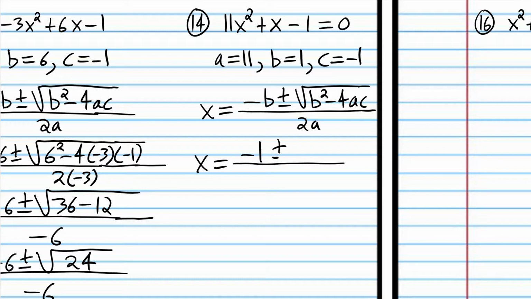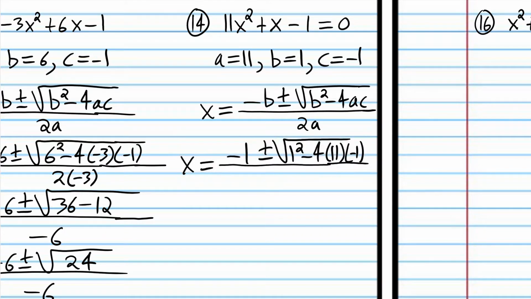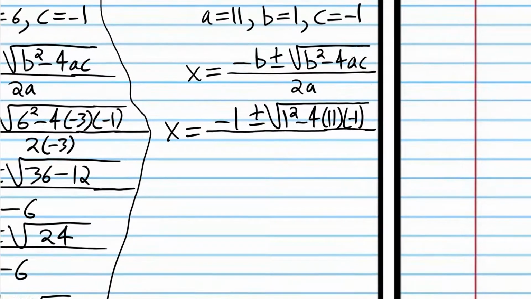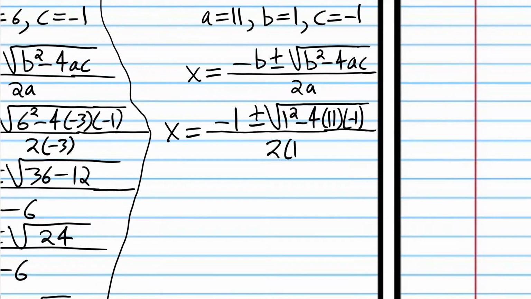So B is 1. 1 squared minus 4 times A times C, which is -1. I'm going to move that over a little bit. And because we're running pretty close to the other problem, we're going to have to put dividers. Again, don't be afraid to put dividers. And on the bottom we have 2 times A, and A is 11.